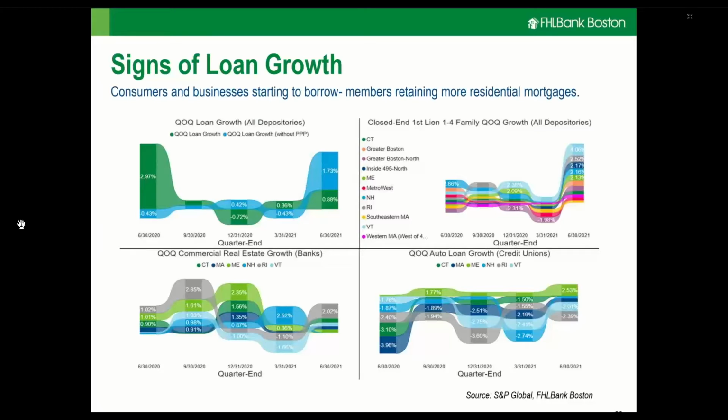Bottom left looks at commercial real estate growth for banks. So certainly that is one way that many banks know that they can move the needle pretty quickly in terms of getting deposits down, given the loan sizes there, and positive numbers there. Not necessarily in line with some of the above average optimism we're hearing about pipelines and customer activity.